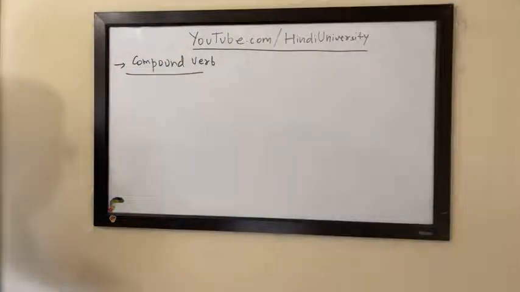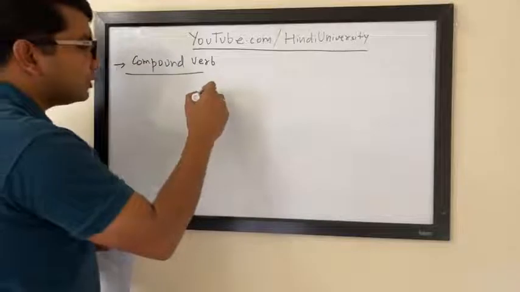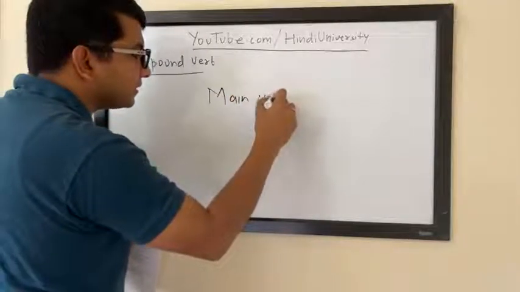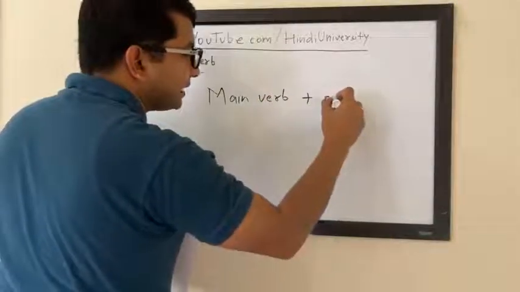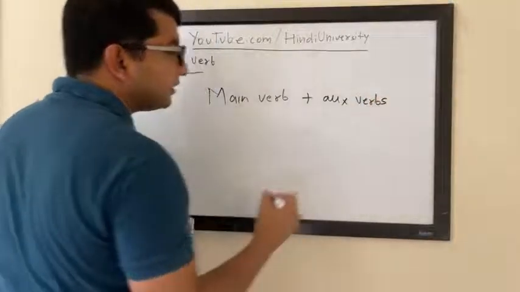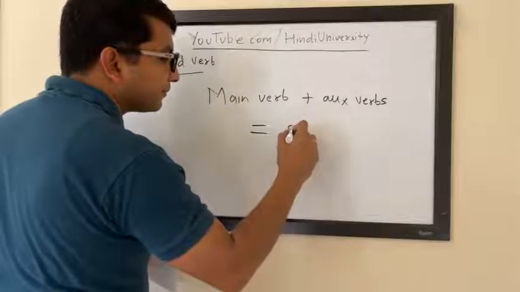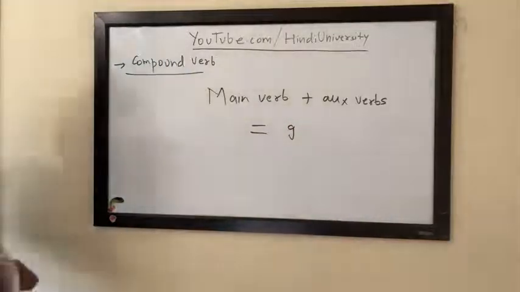So going back to the topic, we started with compound verbs. And if you guys recall, the definition we discussed was when main verbs in a given sentence, sometimes Hindi speakers use additional verbs along with it, auxiliary verbs, to basically compound the meaning of the underlying verb.